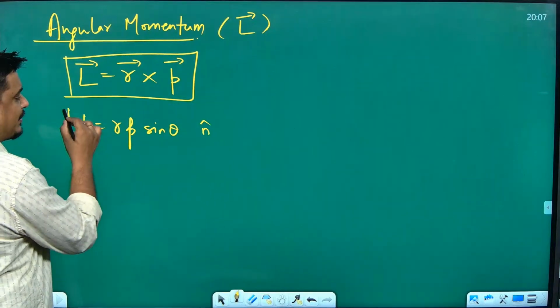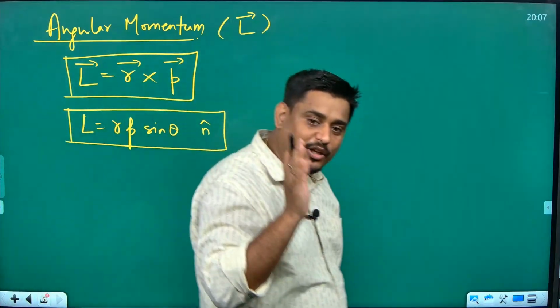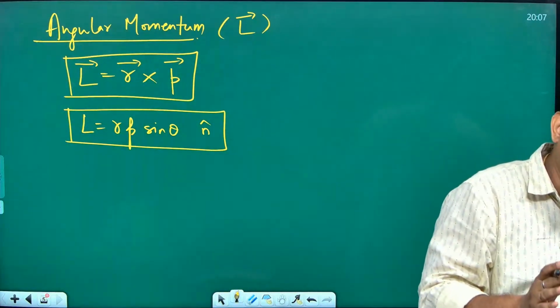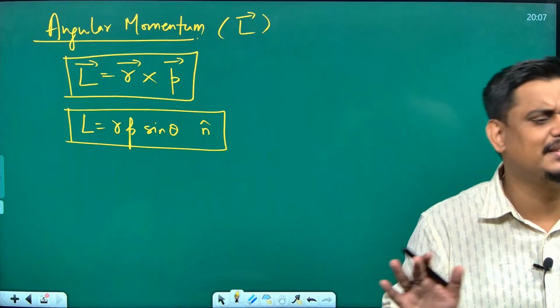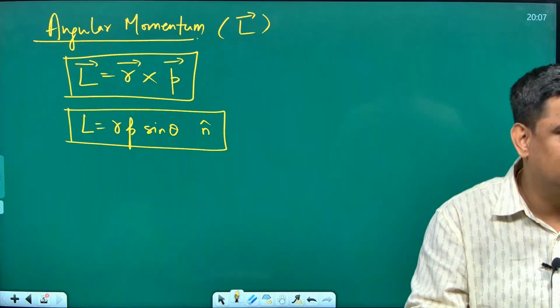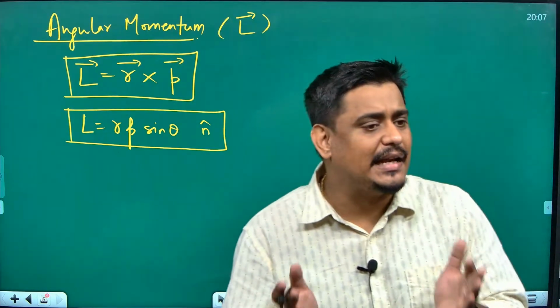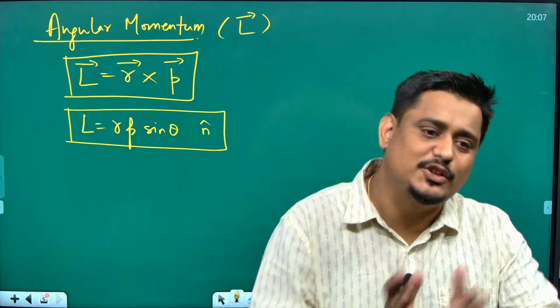What is the value of n cap here? Once again the same thing. Direction of angular momentum will be in such a way that it will be perpendicular to the plane consisting r and p. So, always remember this. If two quantities are under cross product, its resultant will act in a direction perpendicular to the plane consisting these two vectors, isn't it?